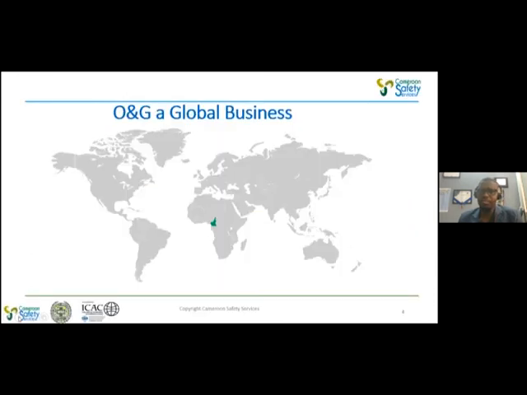Oil and gas is a global business. It's not a business that is just specific to a region, to a country, or to a specific area. Operations are going on worldwide, either in drilling and production or in the downstream. The oil and gas industry is subdivided into two main groups: the upstream and the downstream.